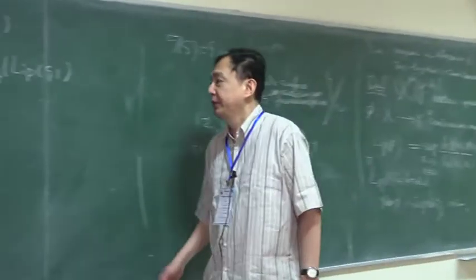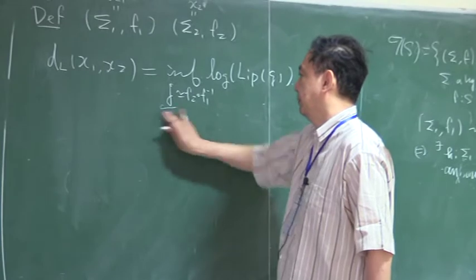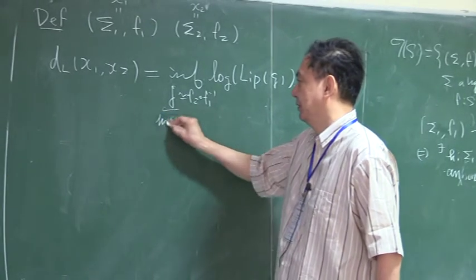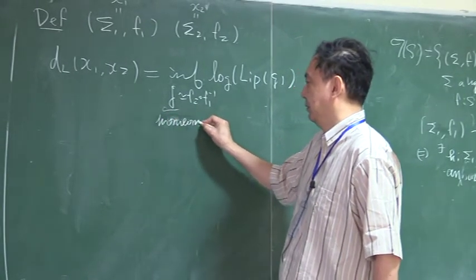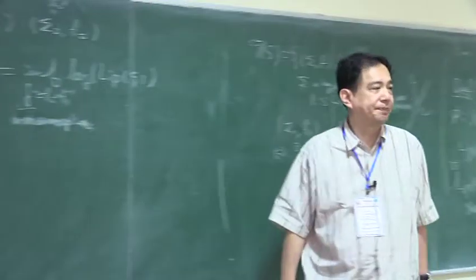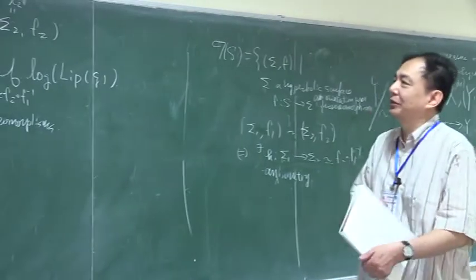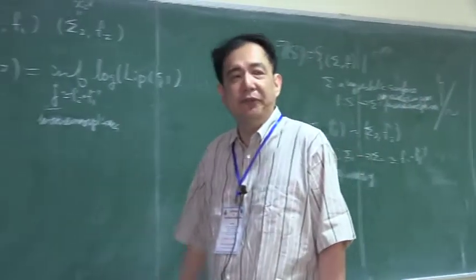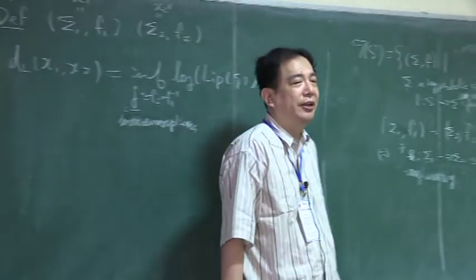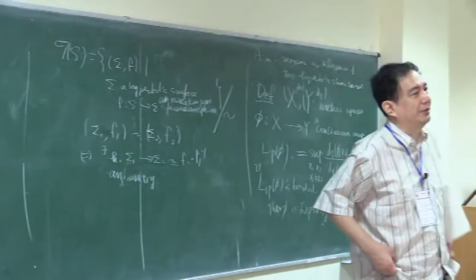This should be assumed to be a homeomorphism. So in this definition, we don't know if the infimum can be attained by some map.